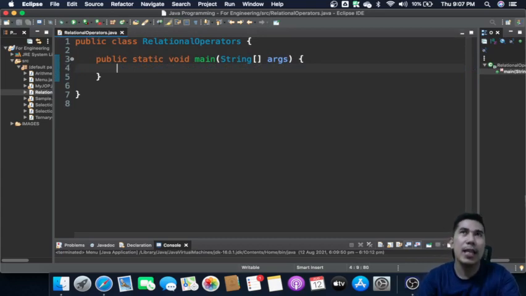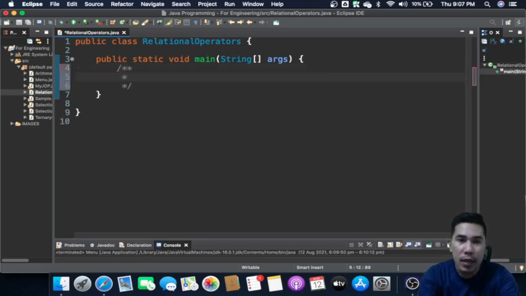It comes from mathematics, it's based on that. The operators that Java uses are the same as the operators in mathematics. So we have the relational operators.